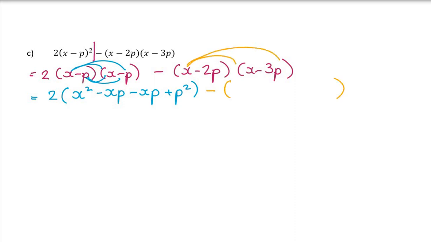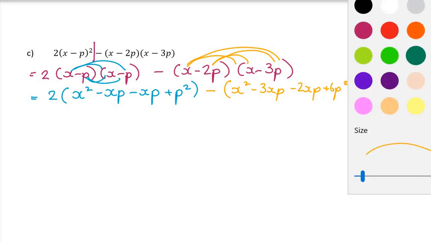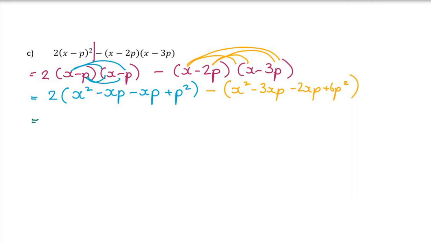So x squared minus 3xp, and then minus 2xp plus 6p. Let me just erase my bracket. P squared. Okay, now both of these still need to be simplified. So I multiply in my 2.